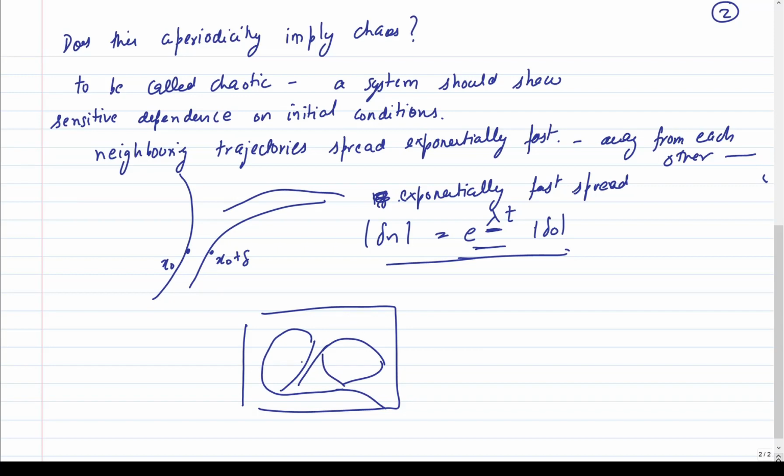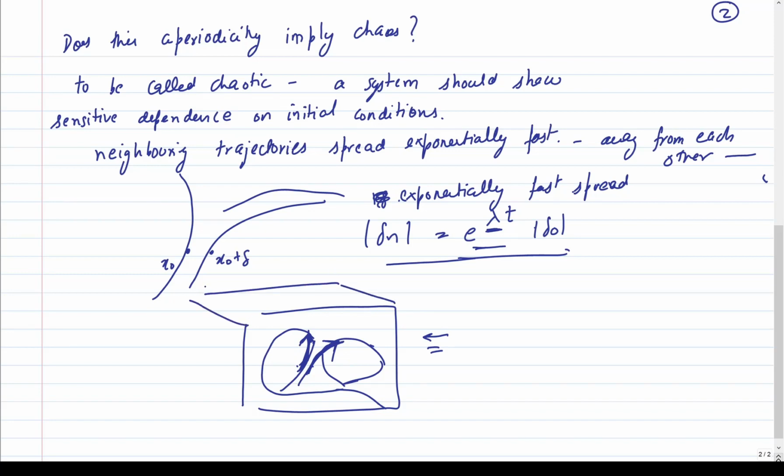So when I say the trajectories are going exponentially away from each other, this is the initial thing. Divergence of trajectories initially is going to be exponentially fast, and they are going to again come back because the system is going to twist and fold and then they reach somewhere. So this is just a Poincare section of an n-dimensional map.